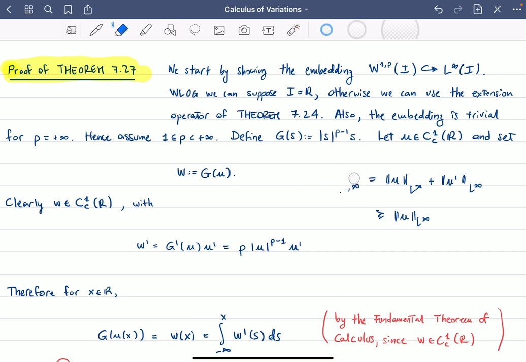So therefore we can assume that p is larger or equal than 1 and strictly less than plus infinity.